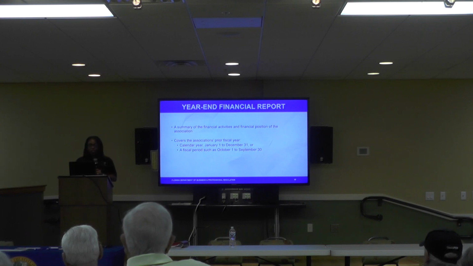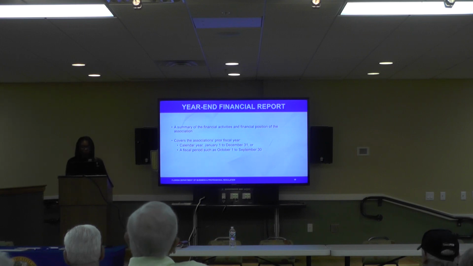Year-end financial report is a summary of the financial activity and the financial position of the association. The annual revenues and expenses will be displayed in the financial report. In this report, it's discussing actual numbers.